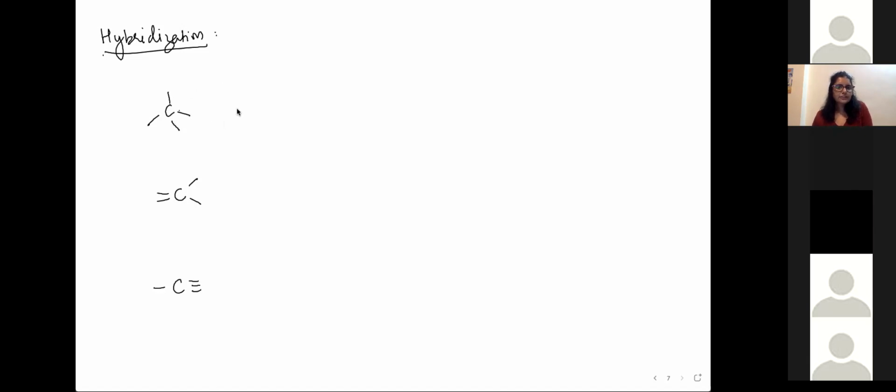What is the hybridization of carbon when it forms only single bonds? Alkanes. No, what is the hybridization? Not the name of the compound. Like carbon का hybridization क्या होगा? What type of orbitals does it need to form in order to have single bonds?